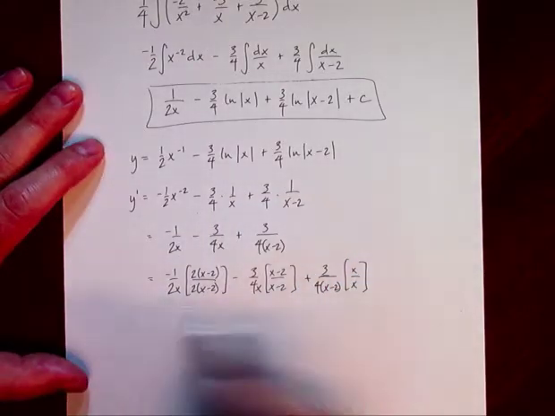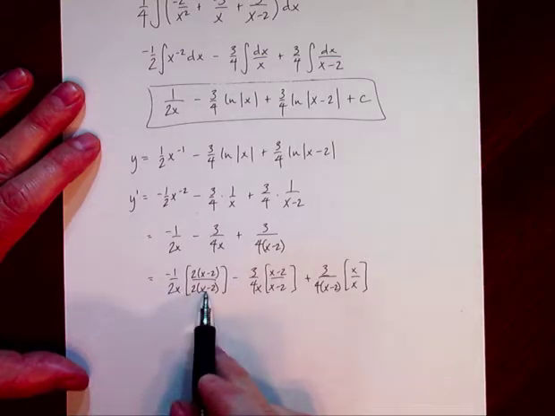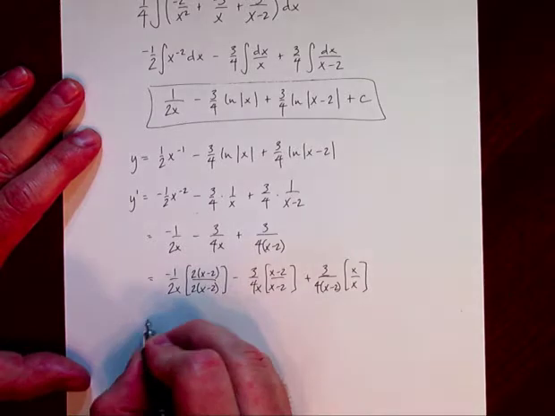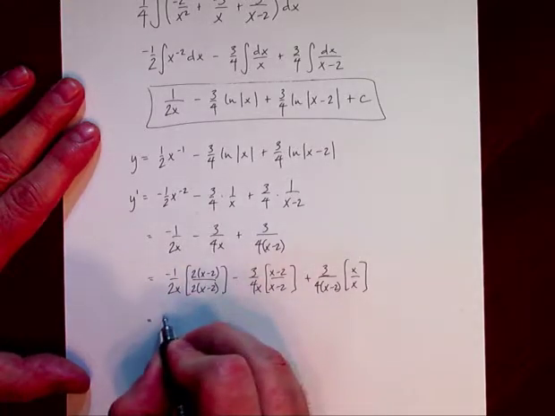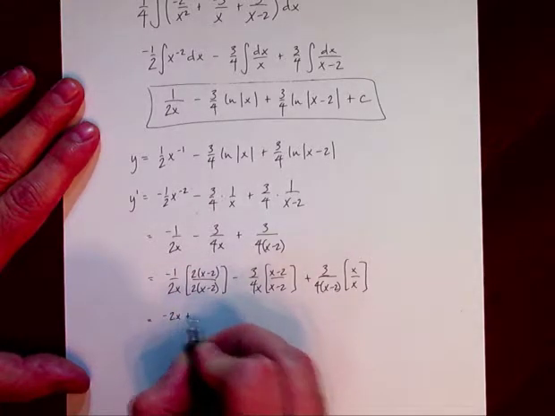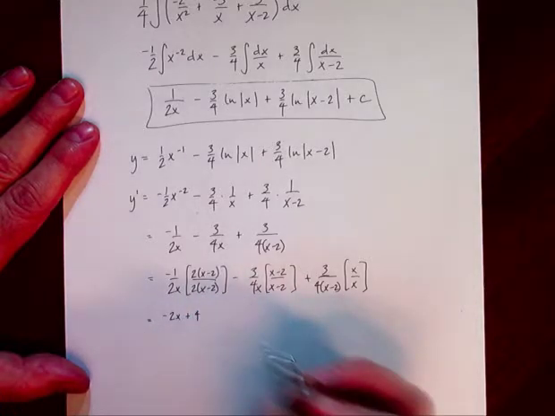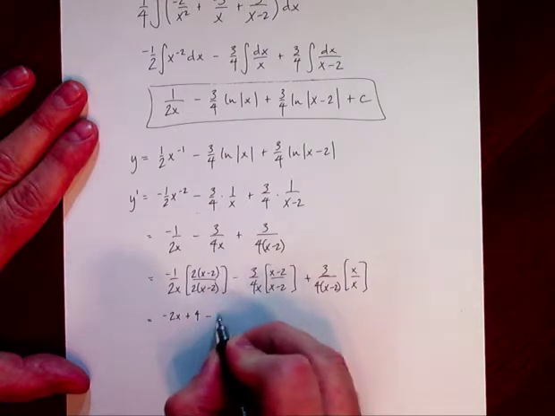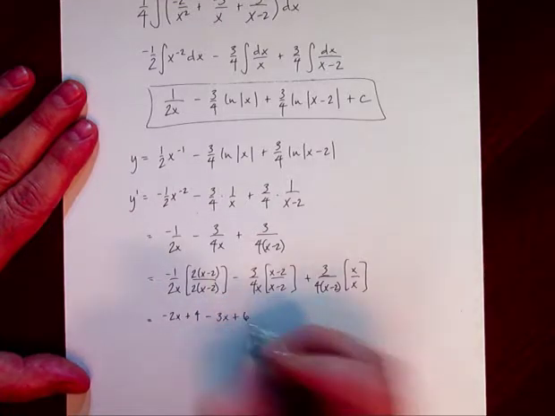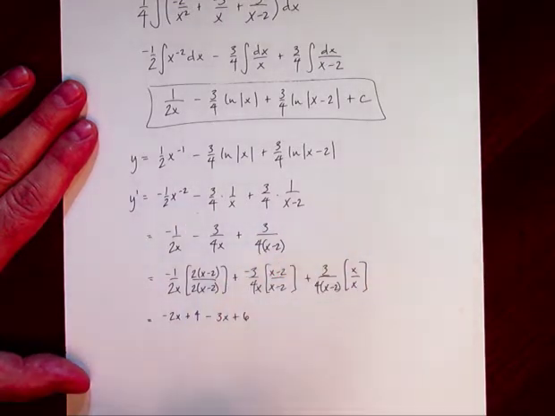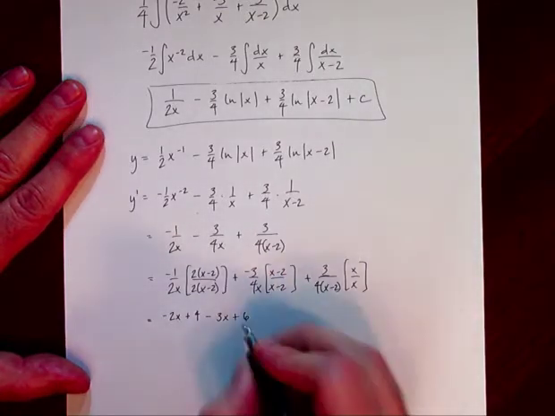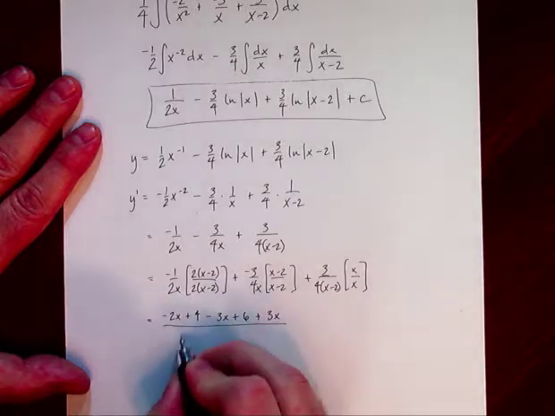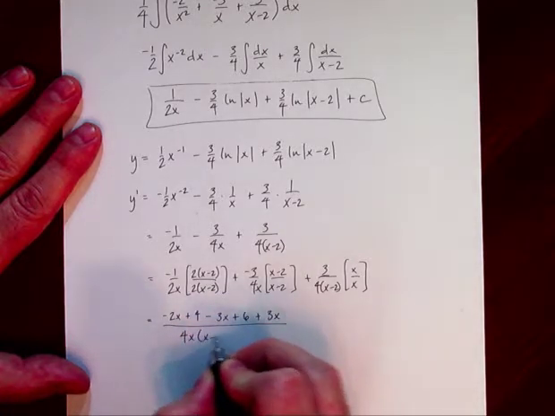So now each of those denominators is going to have 4x, x minus 2. And this one winds up being negative 2x plus 4, when I distribute this negative across, minus 3x plus 6, because we'll just call that a negative 3, and I'm distributing across the x minus 2, plus 3x. All of that over 4x, x minus 2.